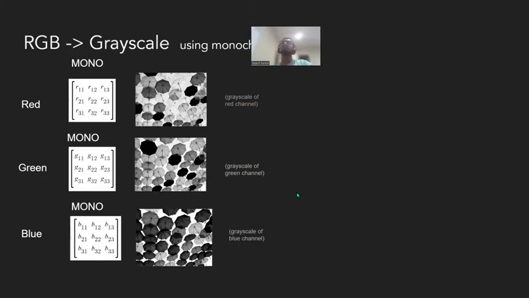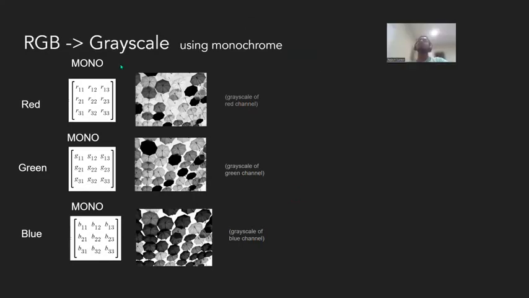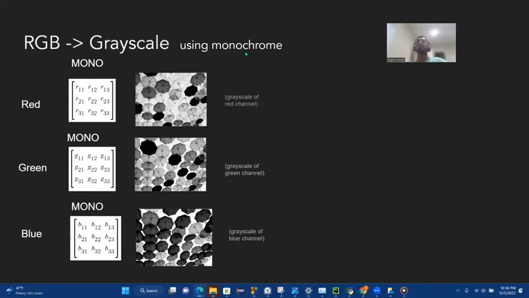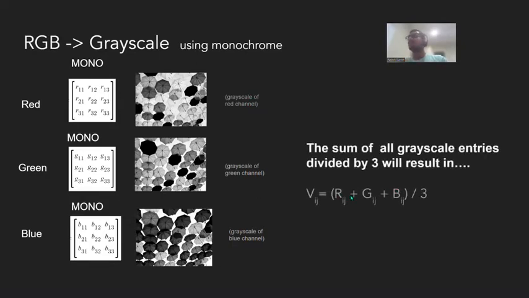So using this information that we got from the monochrome, we will now try to convert the RGB to grayscale. Essentially, the monochrome is a grayscale of each channel, right? So in order to find a grayscale of the original image, what you would have to do is add the entries in an index.